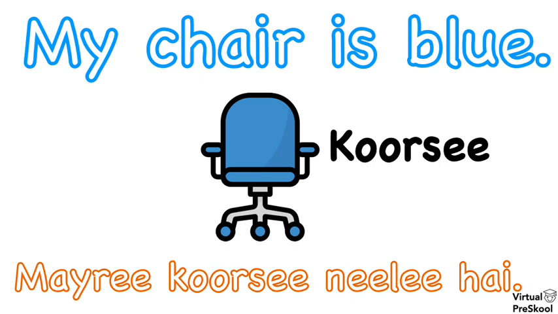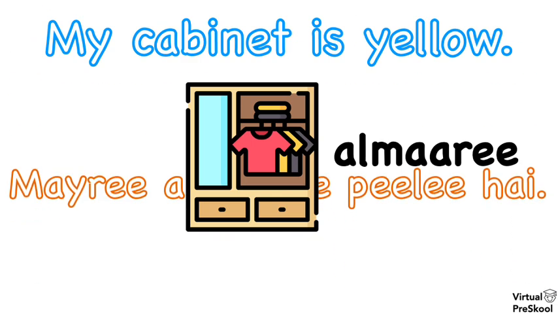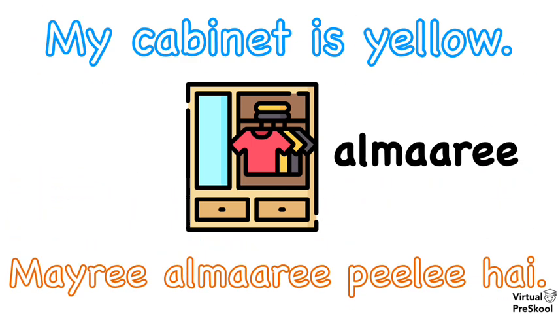Meri kursi neeli hai. My cabinet is yellow. Cabinet is almari, and it is a stri noun. So we say, meri almari peeli hai. Because again, almari is a stri noun, so we use the stri my, meri, and the stri yellow, peeli.